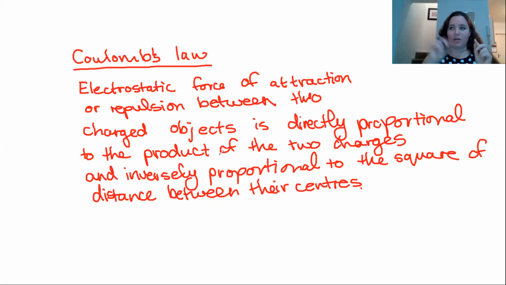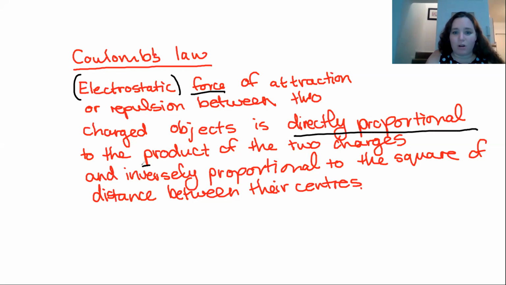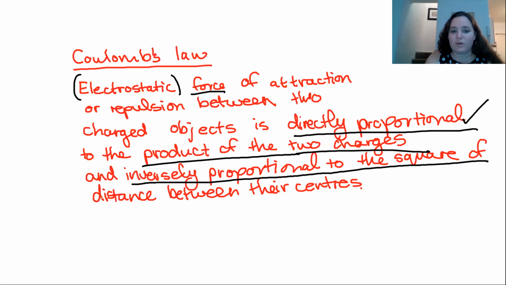It's either marking per concept or penalty marking, where they've got certain things and everything that you're missing loses you a mark. So I'd say that the important thing, you probably get away without electrostatic, but it's the force between two charged objects is directly proportional to the product of their charges, the two charges. There's a mark. And inversely proportional to the square of the distance between their centers is the second mark.